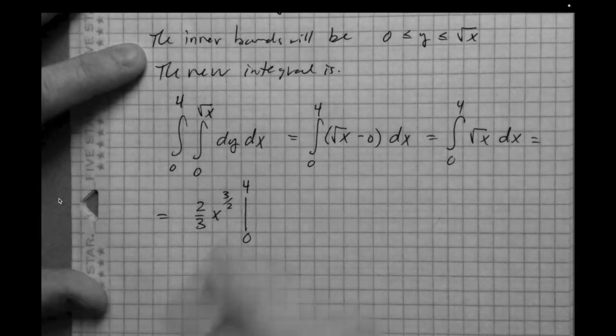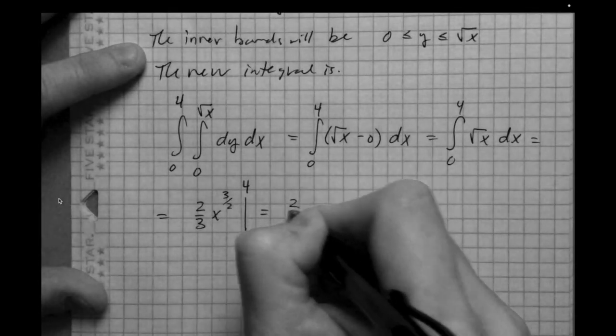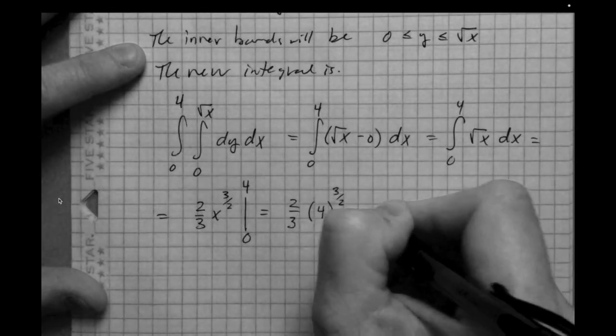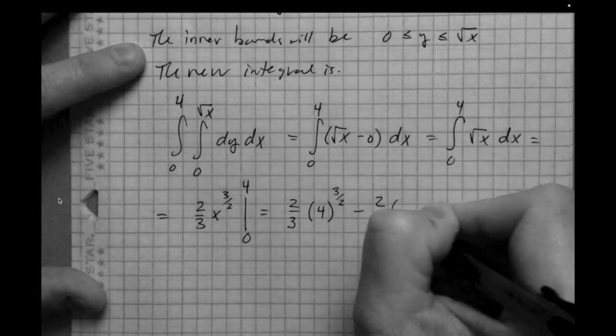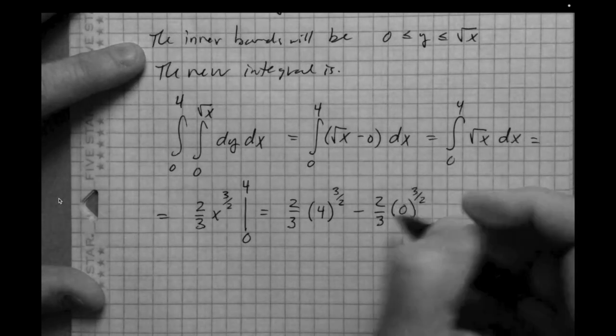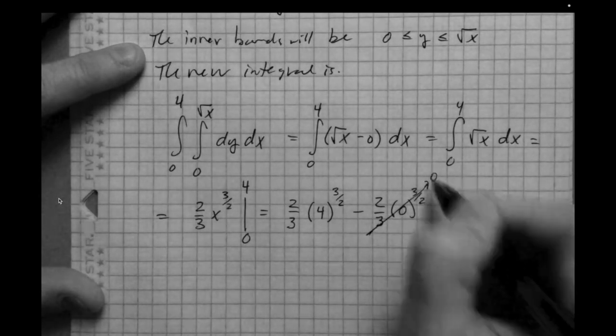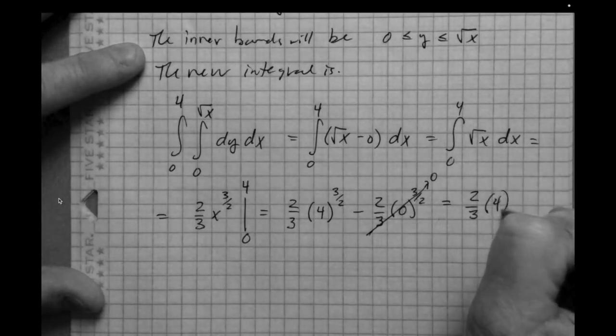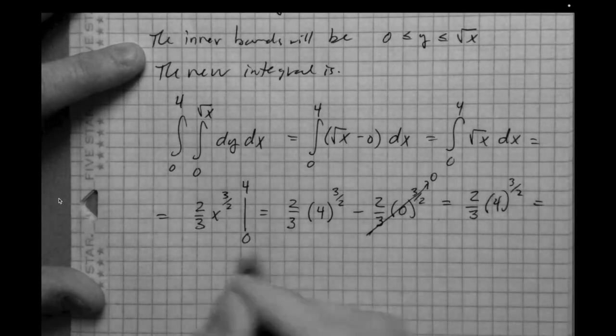Okay, and so you can think of this as 2/3 times 4 to the 3/2 minus 2/3 times 0 to the 3/2. Of course, this whole term is now 0. And so this is just 2/3 times 4 to the 3/2 power.